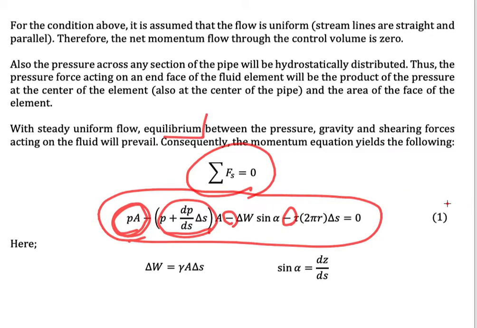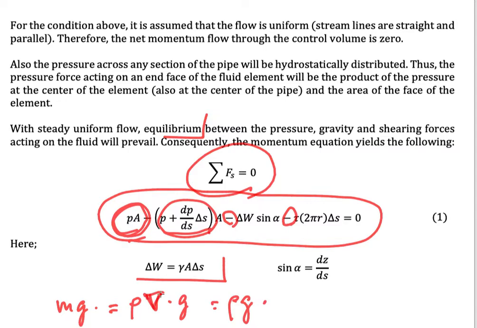The weight W is equal to mg. And mg is equal to rho times volume times g.